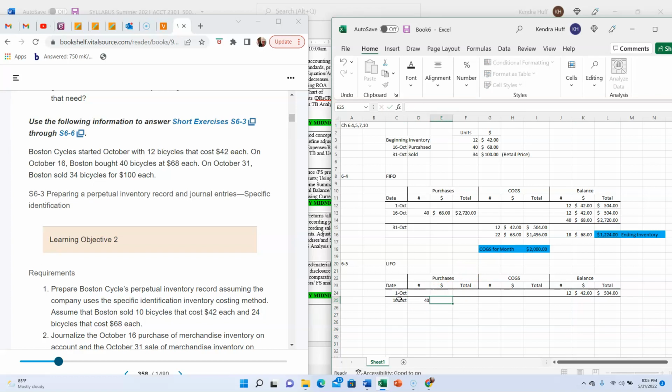Same again. I bought 40 at 68. Alright, so I come over here. I got to bring the 12 down first. And then I put in my 40 at 68.